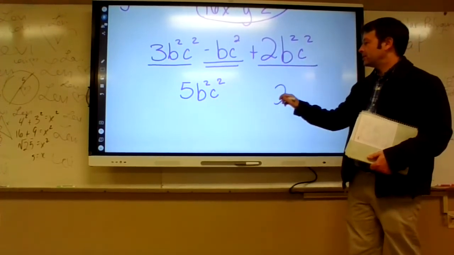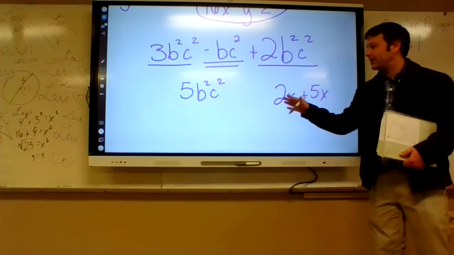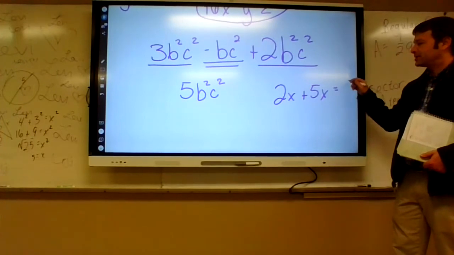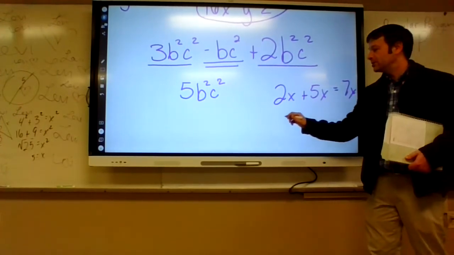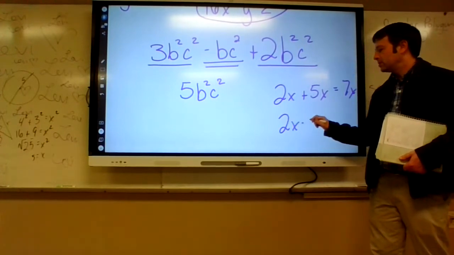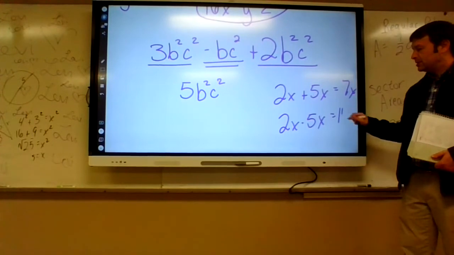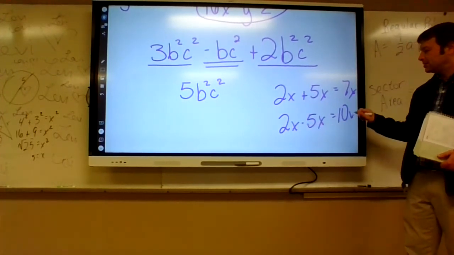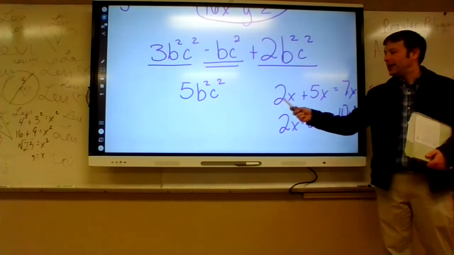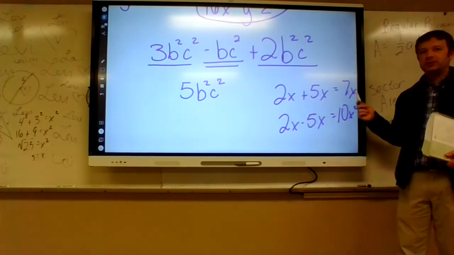Okay, hold on. This is important. You guys remember doing this in the past chapters? 2x plus 5x is 7x. Why is it not x squared? Because you're adding. What's x times x? x squared. So when you're adding like terms, we didn't change the exponent.